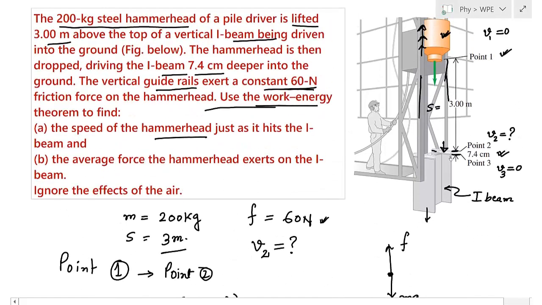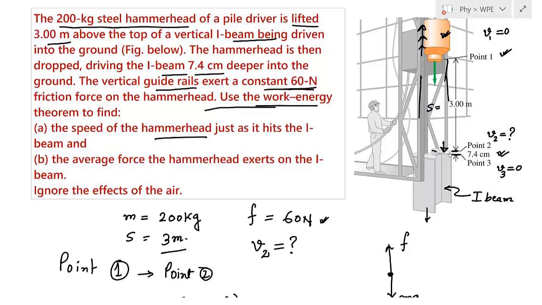At point 2 this hammer is going to collide with the I-beam. So the hammer will apply a force on the beam, and if you apply Newton's third law, the same amount of force will also be applied to the hammer. So in other words, at point 2 an upward force will be applied on the hammer. Let's call that force normal N.